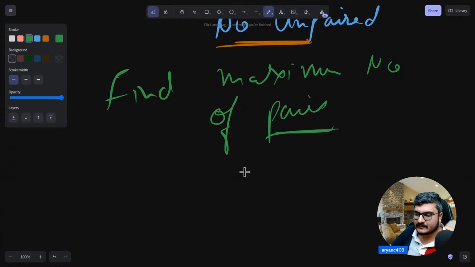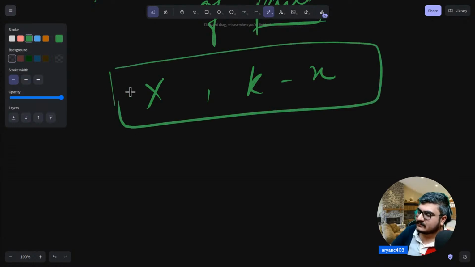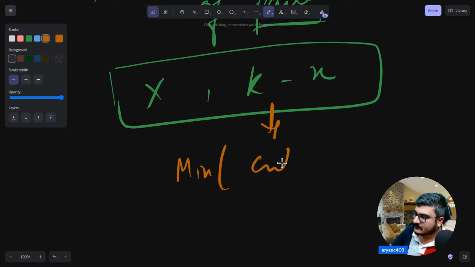What we can do is, for each number x, we know the other number is k minus x. If we know how many times each number appears, then for a number x, the number of pairs you can form is the minimum of count of x and count of k minus x.